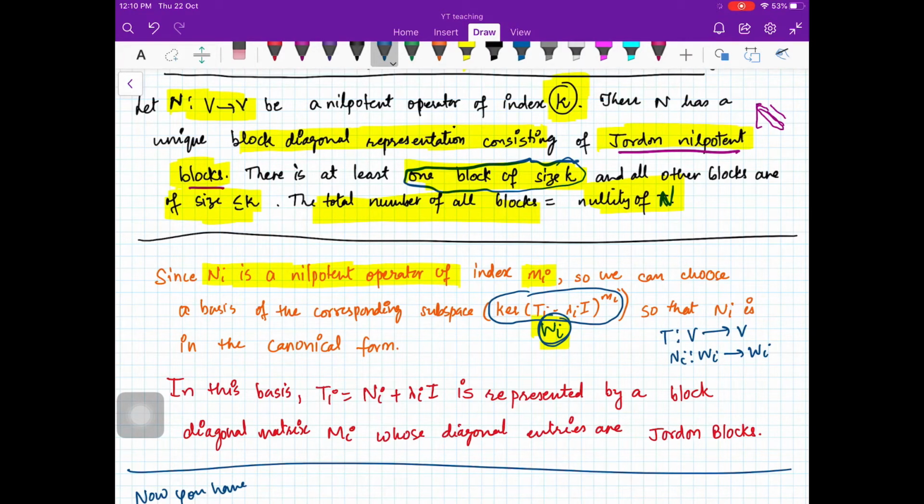We can choose a basis of this space in which Ni has a canonical form, meaning a diagonal representation consisting of Jordan nilpotent blocks. And in this basis, the matrix representation of Ti will be these Jordan nilpotent blocks plus lambda_i times I.